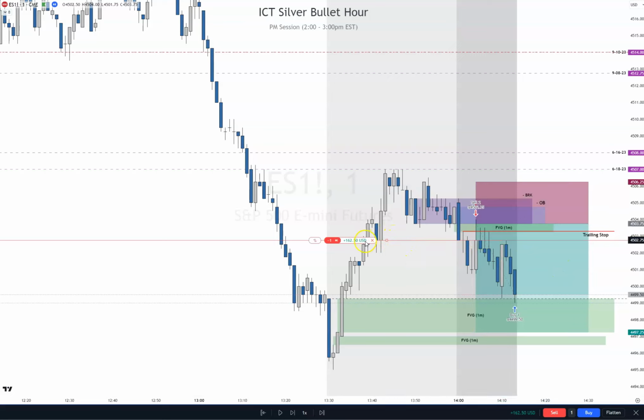So I'm using it, acting like this is our real order, not the one on TradingView. It's just to give you some idea of how much you could have made if you traded it this way. So it's just for demo purposes, that's what the dollar amount's for, but this is how I would have traded it. I would have had a limit order at the order block, the breaker block, and up on the top of the fair value gap, and then that's where my stop would have been and aimed for down here.